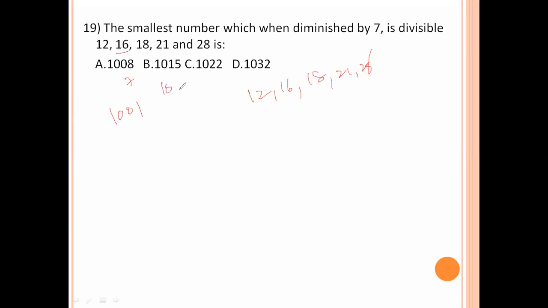Next, 1008, subtract 7 to get 1001... 12 times 8 is 96, 16 times 6 is 96, 18 times 6 is 108, 21 times 4 is 84, 28 times 6 is 168. So it is divisible by all the numbers. 1015 is the right answer.